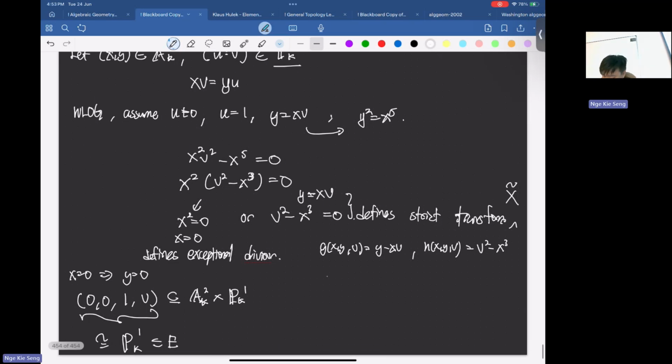And then the Jacobian matrix, for example, we can calculate partial g partial x, partial g partial y, partial g partial v, and partial h partial x, partial h partial y, partial h partial v.